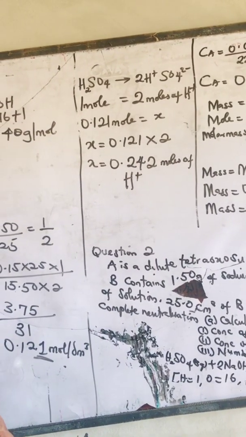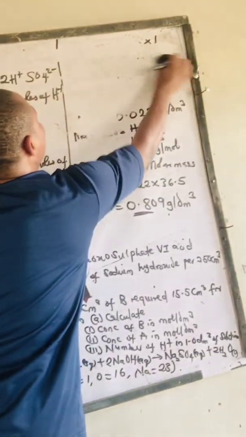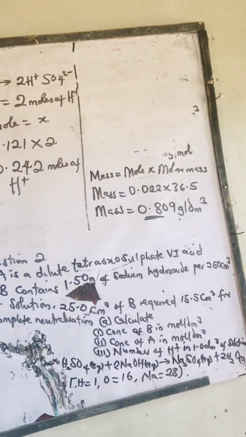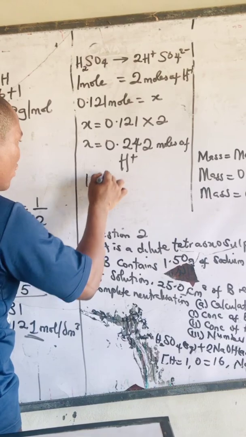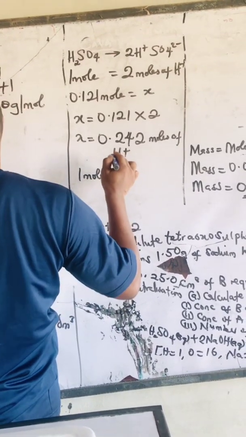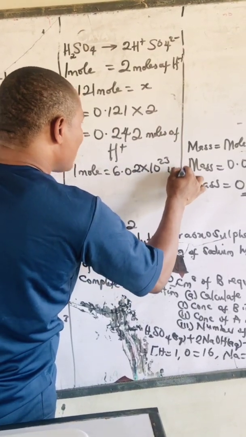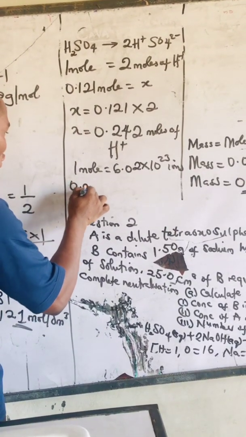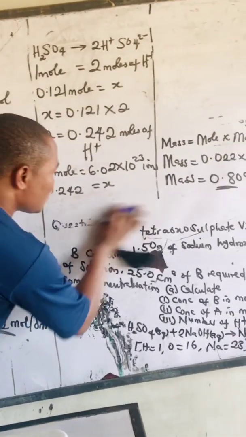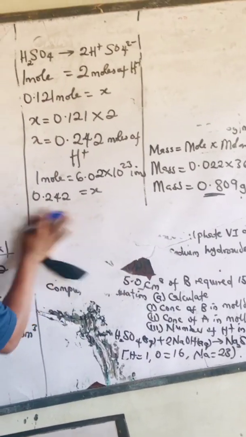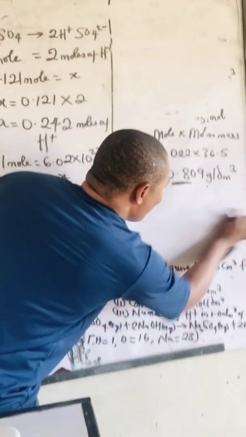But don't forget our Avogadro's number, very, very important. Our Avogadro's number tells us, that's why they have given it to us in the question, 1 mole is equal to 6.02 times 10 raised to the power 23 ions. So our 0.242 moles will be equal to X. Very easy. Just take your time and practice it, and I'm telling you, you will come with a whole lot of confidence for the exam.